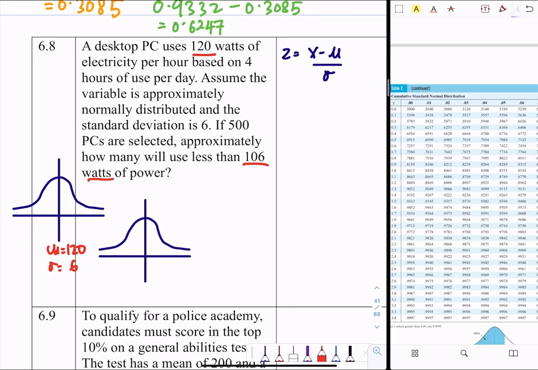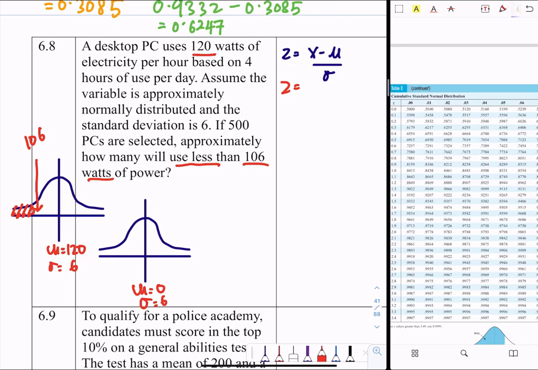Then they want you to find less than 106. Sorry, it's not that location. This is the location of 106 because it is less than 120. Then we need to change it to Z. The standard deviation is 6.